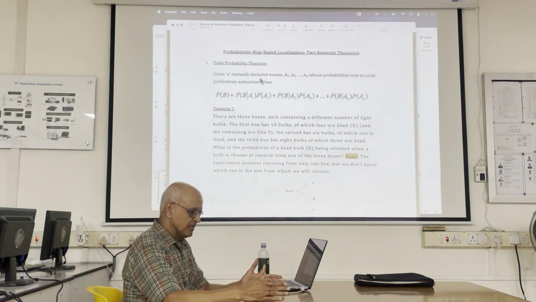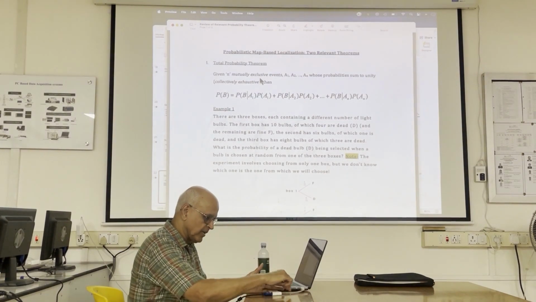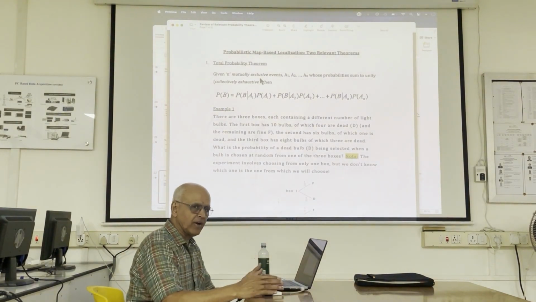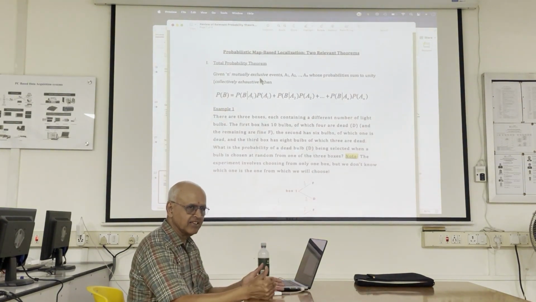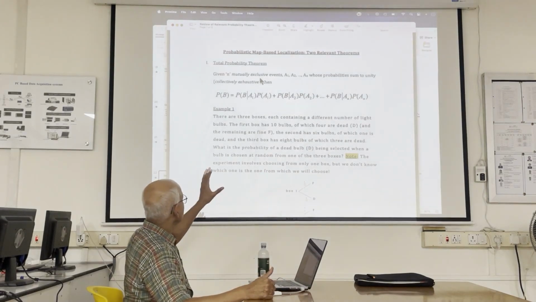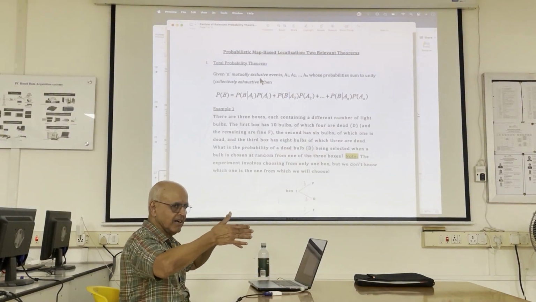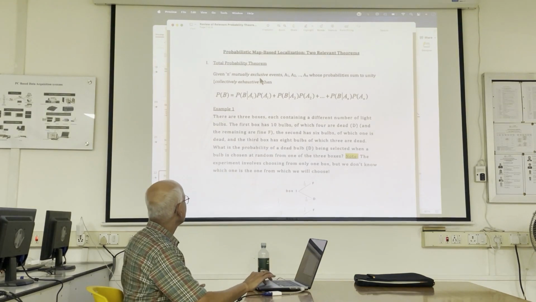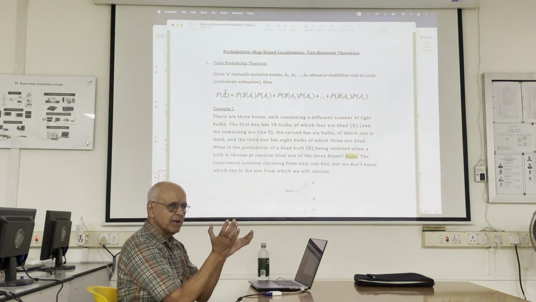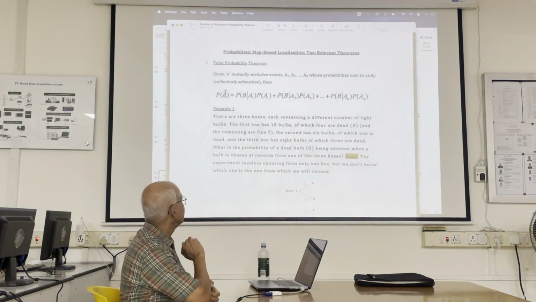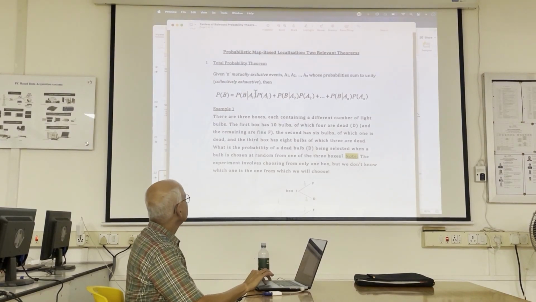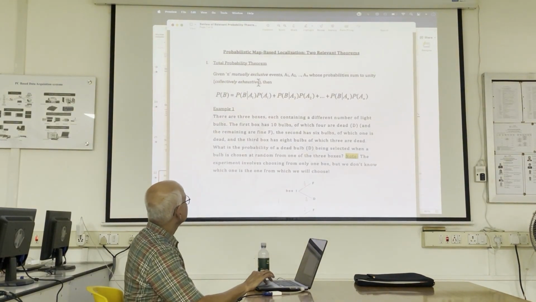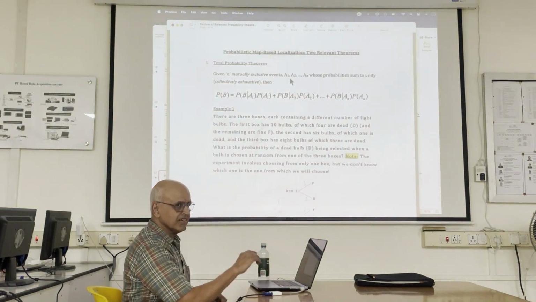So the sample space is broken down into A1, A2, A3 up to An without any overlap between any A and any other A. On top of that is B, right? So B is some subset of the sample space.